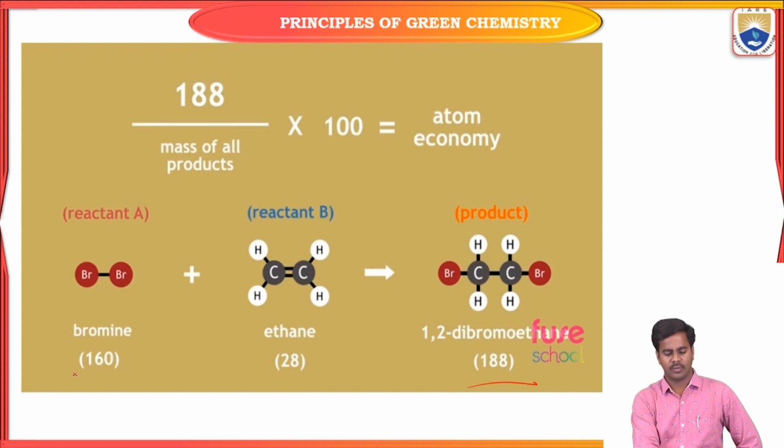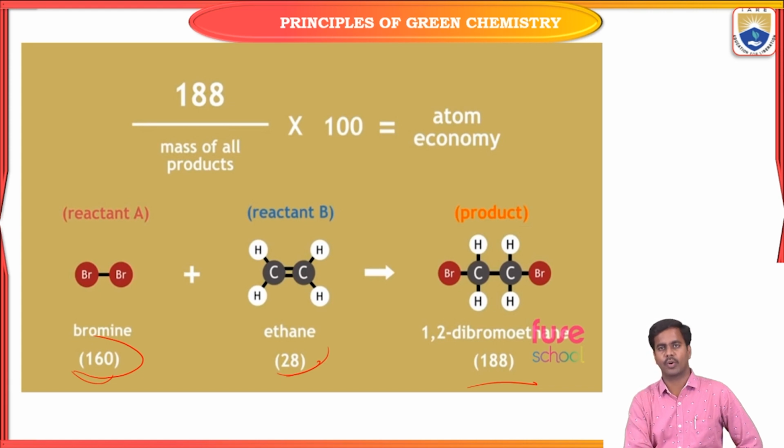Here 160 is the mass of the bromine, and 28 is the mass of the ethane. The product 1,2-dibromoethane is 160 plus 28, which gives 188. So if you go for the atom economy formula, it is the mass of the product divided by the mass of the reactants.